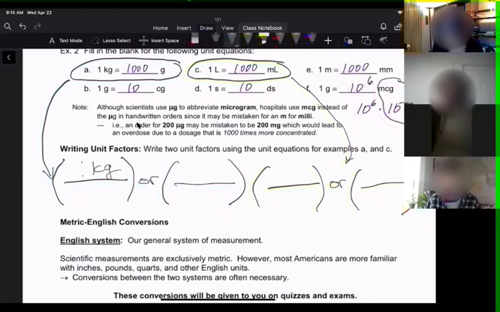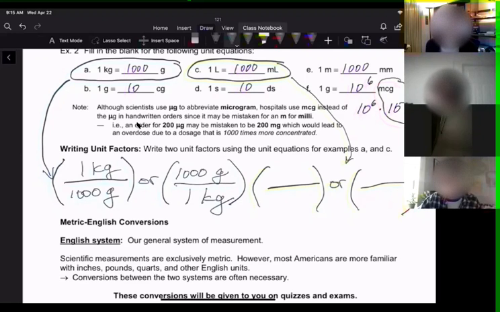1 kilogram has 1,000 grams, or I could say it, 1,000 grams are in 1 kilogram. And those are equivalent. They both equal 1, which is why it's a unit factor. So doing the same thing with C, we have 1 liter has 1,000 milliliters.